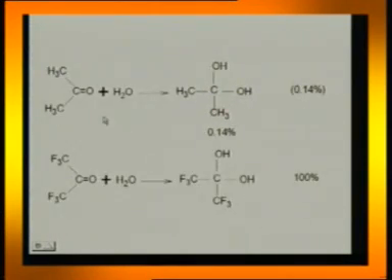If we compare, this is two methyl groups in this ketone, and here we have CF3 groups attached to this carbonyl group. The CF3 group is highly electron pulling, that is, it makes this C plus center all the more C plus and unstable, so positive in nature that the reaction becomes much faster.